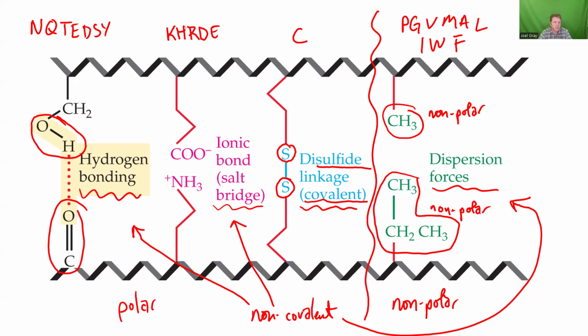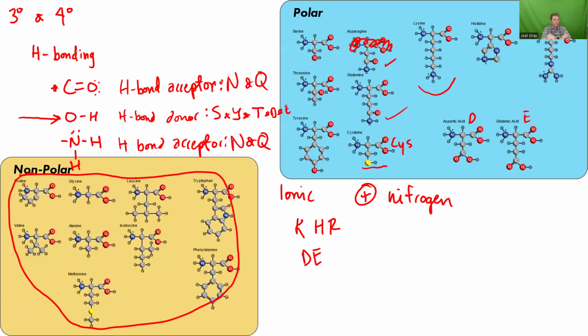I think what I'm going to do as a figure for your exam is take these two graphics, the nonpolar and the polar graphic, and put a box over all of the names. So I'll give you these structures. I'm not going to shuffle them up or anything like that, but I'm going to give you these molecules, and I'm not going to include the names, single or three-letter codes.